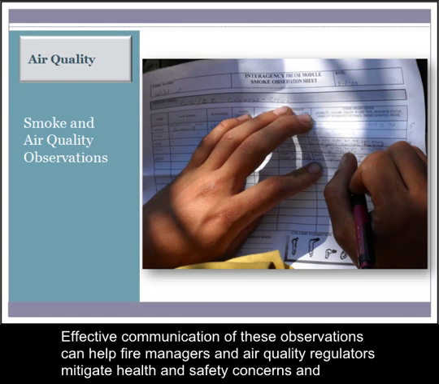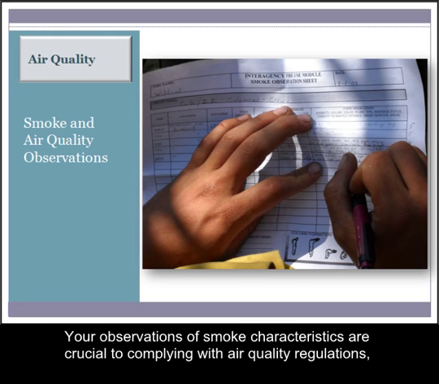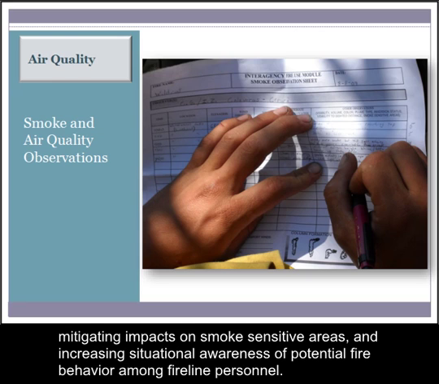Effective communication of these observations can help fire managers and air quality regulators mitigate health and safety concerns and ensure compliance with air quality regulations. Your observations of smoke characteristics are crucial to complying with air quality regulations, mitigating impacts on smoke-sensitive areas, and increasing situational awareness of potential fire behavior among fireline personnel.